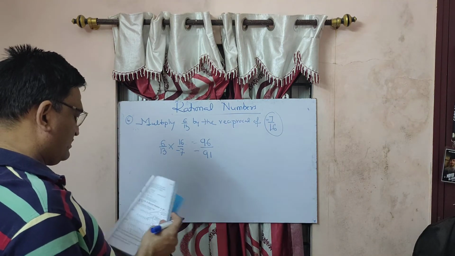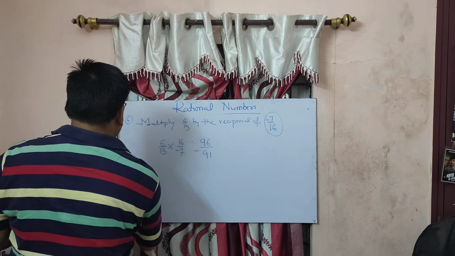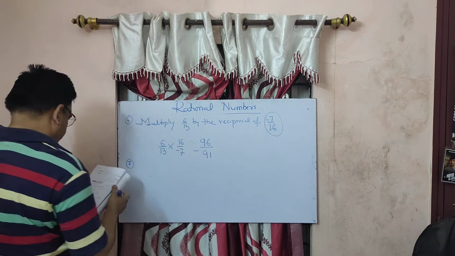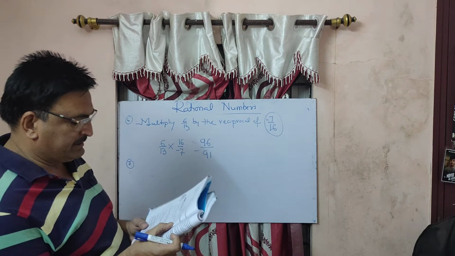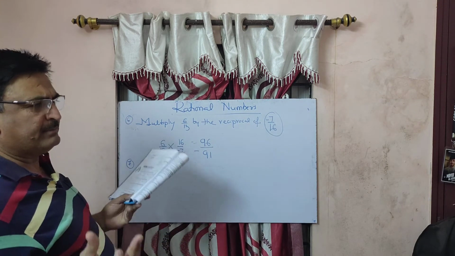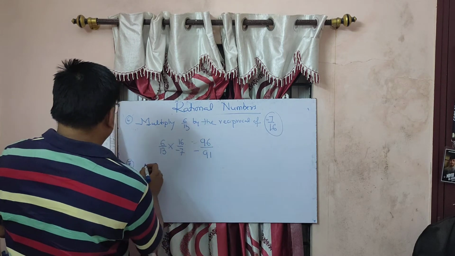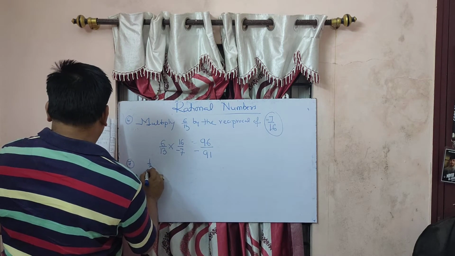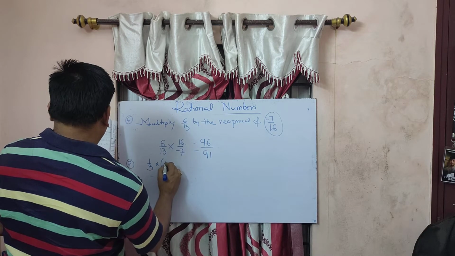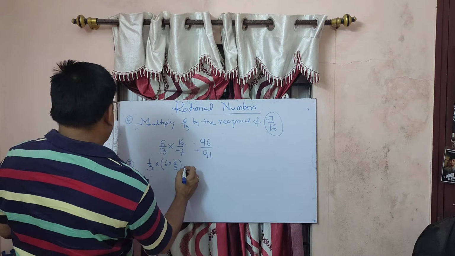Okay, now the next one, seventh one, question number 7. Tell what property allows you to compute. Compute means multiply, add, divide, whatever it may be. Compute means find the answer. 1 upon 3 into 6 into 4 upon 3.